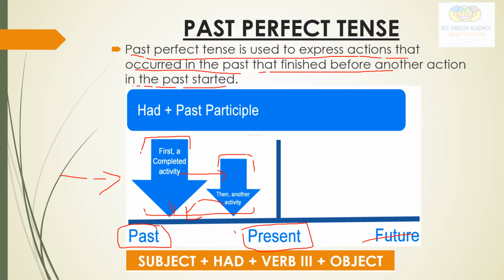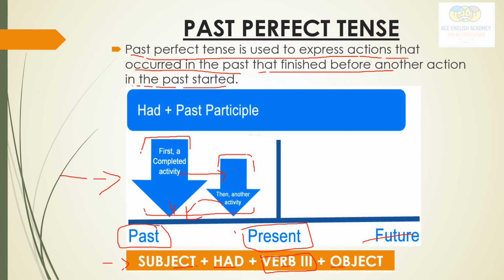And what is the rule for this past perfect tense? As perfect is used, always which form of verb? Third form of verb will be used: subject, had, third form of verb plus object.